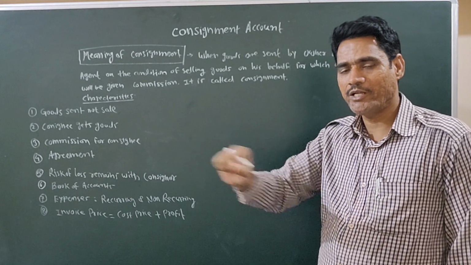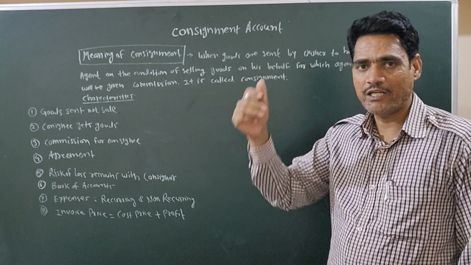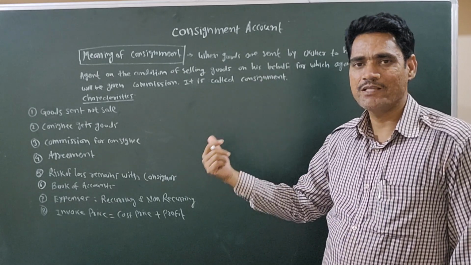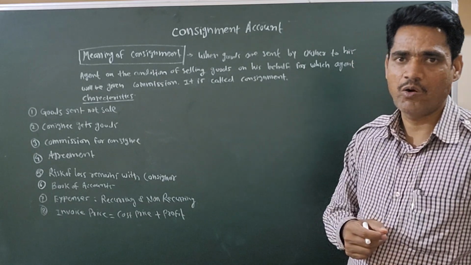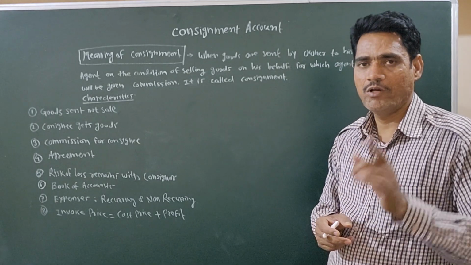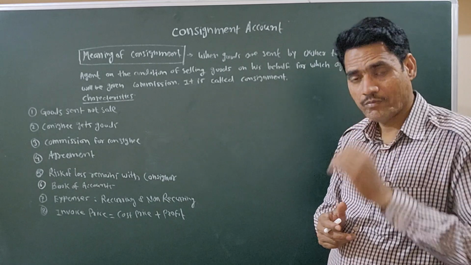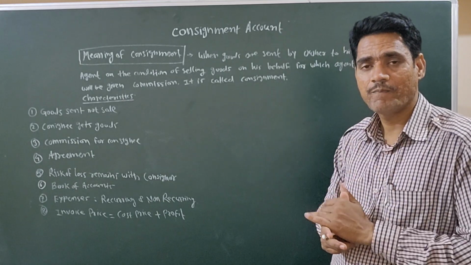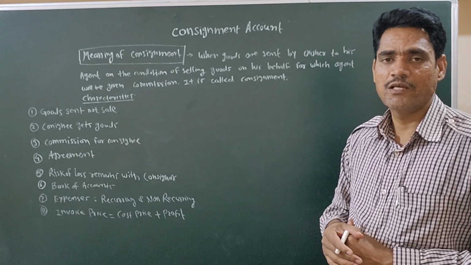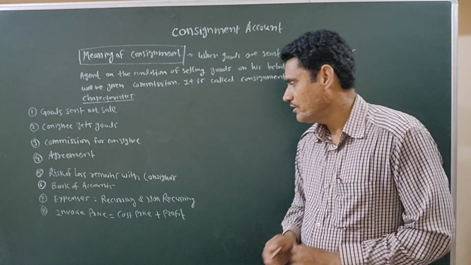Total transactions relating to the consignee are made in the consignee's account. So two types of books are maintained: one is the consignment account, and the second is the consignee's account.